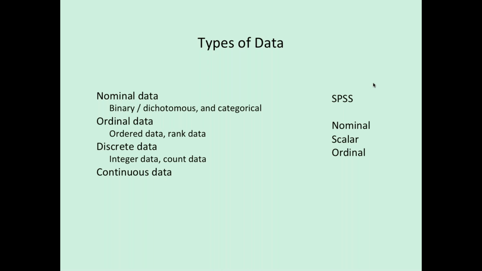We also have, within nominal data, a type of nominal data which is ordinal. Even though it doesn't have a specific number value, by its nature the different values might have some sort of order to them.